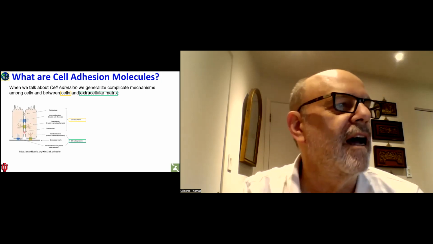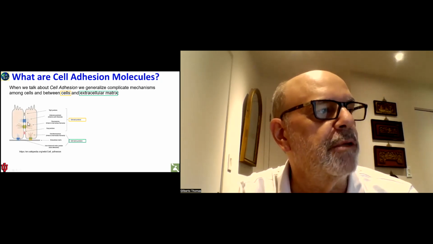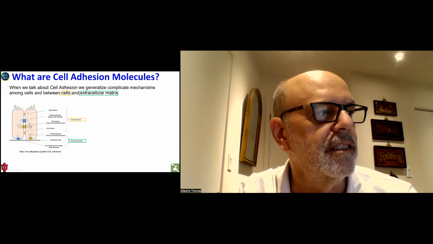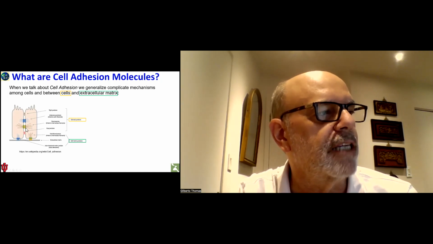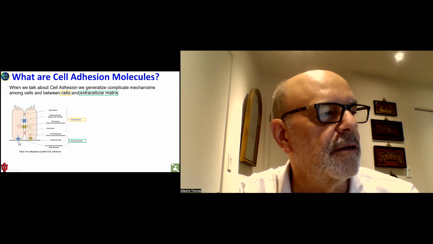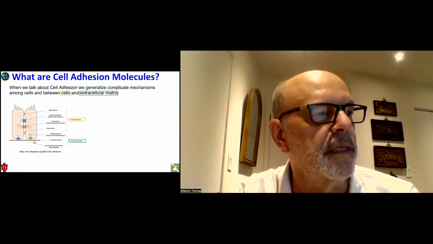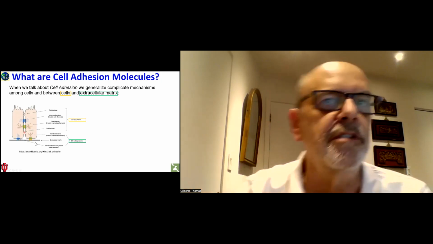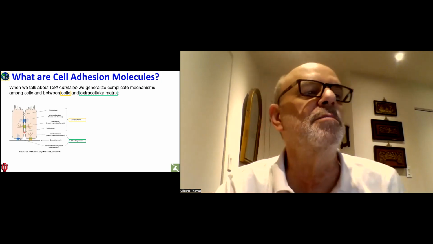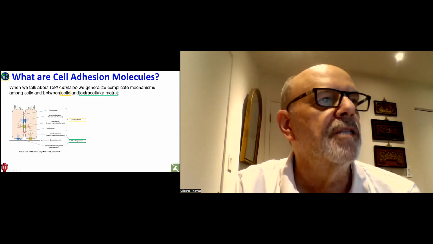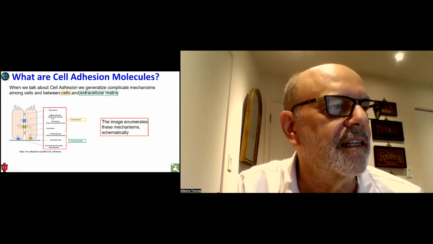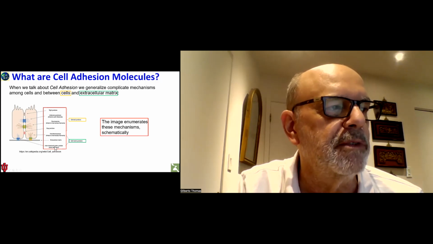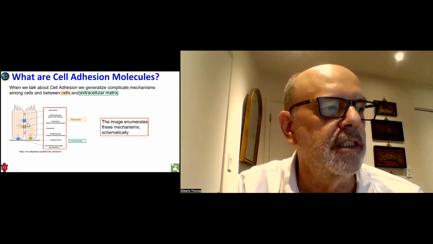The cells can have adhesion among them, here two cells with some different connections, and the cell with the extracellular matrix or any other substrate that the cell could be moving on. So we have these images showing very different mechanisms for each one of those adhesions.